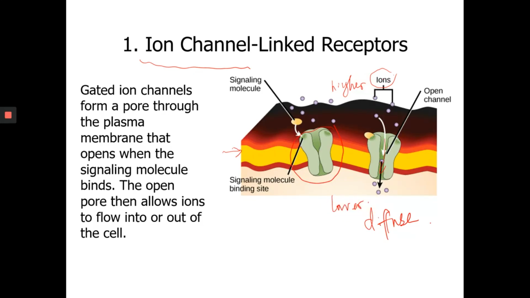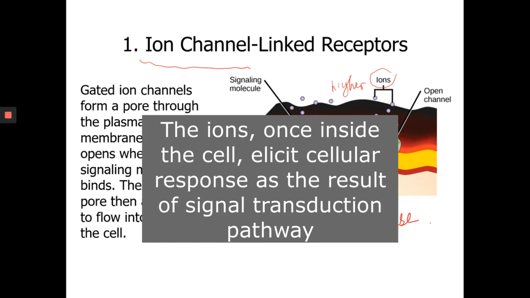Once the gate is open, the ions follow the concentration gradient, moving from a high to a lower concentration area, so they move into the cell. If it's the opposite, the ions can diffuse out of the cell. Again, the ligand binds to the receptor, that opens up the ion channel, and the ions diffuse in and out of the cell depending on the concentration gradient.